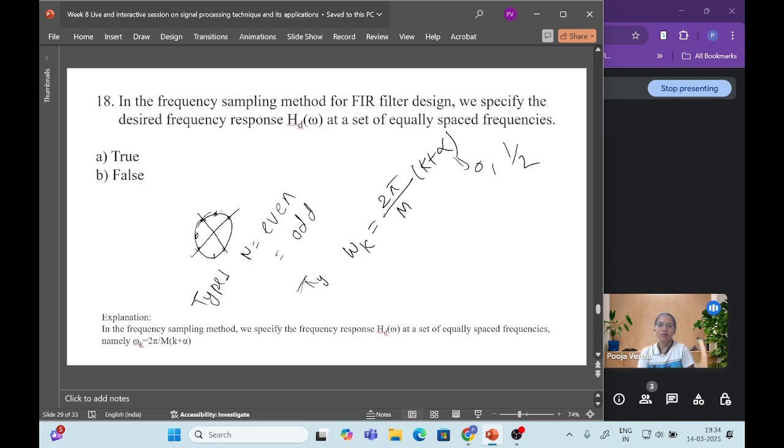So it is a set of equally spaced frequencies. So this is true. Okay. So this statement is true. So in the frequency sampling method, we specify the desired frequency response at a set of equally spaced frequencies. Okay.